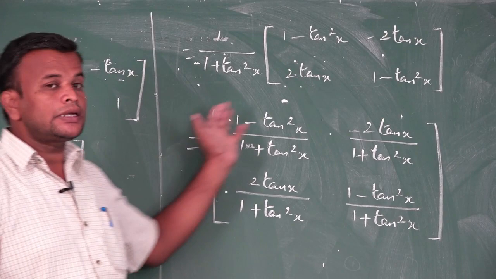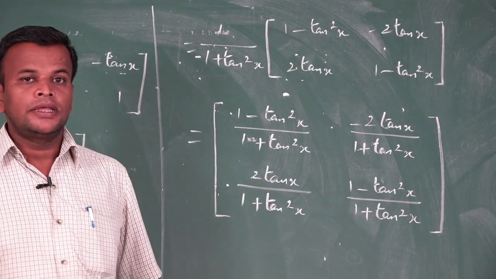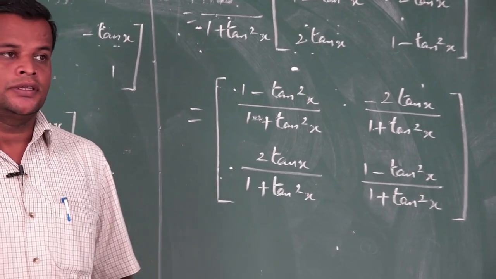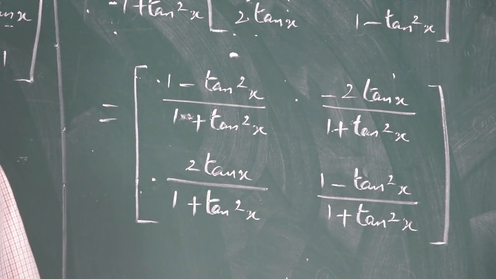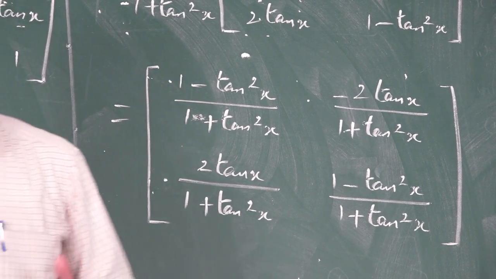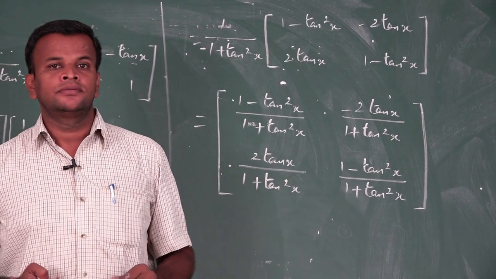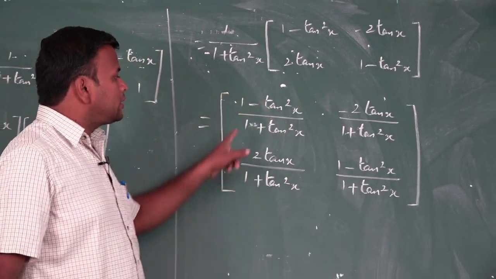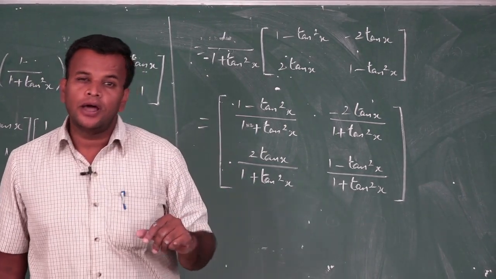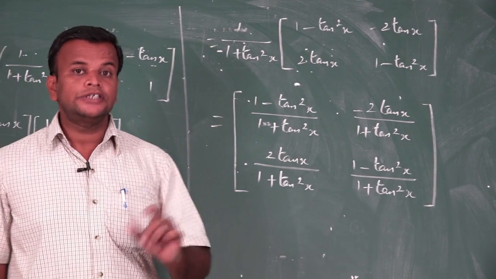You see all the terms involve tan square and tan. In 11th trigonometry, all involve formulas. You remember the formula? The formula of cos 2 theta or cos 2a involving tan is 1 minus tan square a divided by 1 plus tan square a. This is the formula of cos 2a in our 11th trigonometry identities.